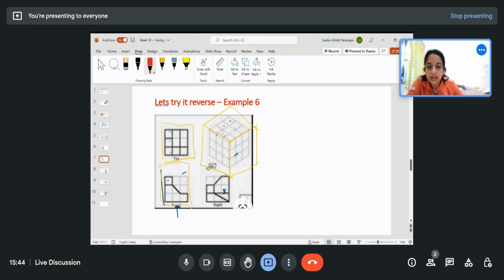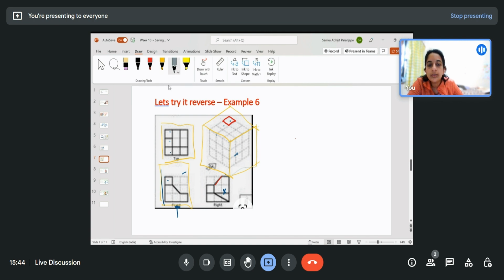So this is one cube over here. From right hand side view, I see there is a slant here, and I'm viewing in the right hand side view, which corresponds to this plane here.